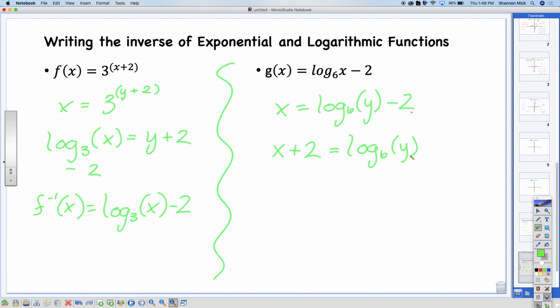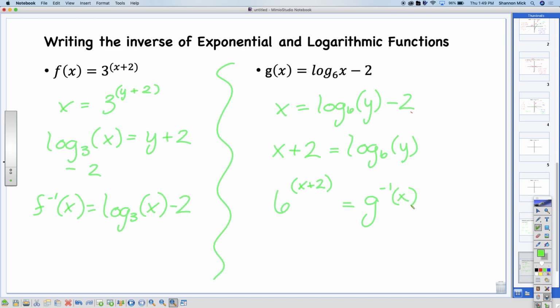Now do you subtract the 2 to the other side? We just did that. Now we switch it. So what's my base? 6, to the what power? x plus 2 equals. And then just g inverse of x, right? Because it would equal y.